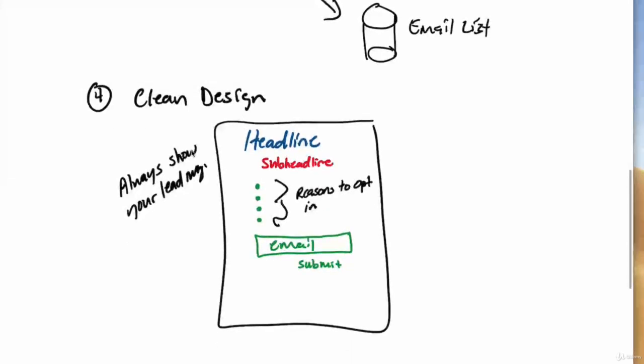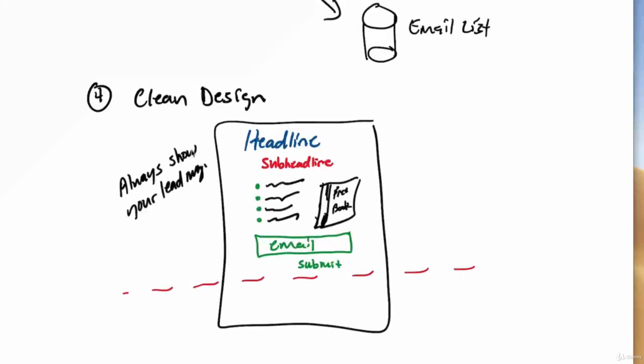So if it's a free book, then what I would do, I took up a lot of the room here making notes, but I would put the little book here. This is my free book. Okay? And then these bullet points would be all about why this book is going to help me, right? Another thing that we want to look at is always have this above the fold.